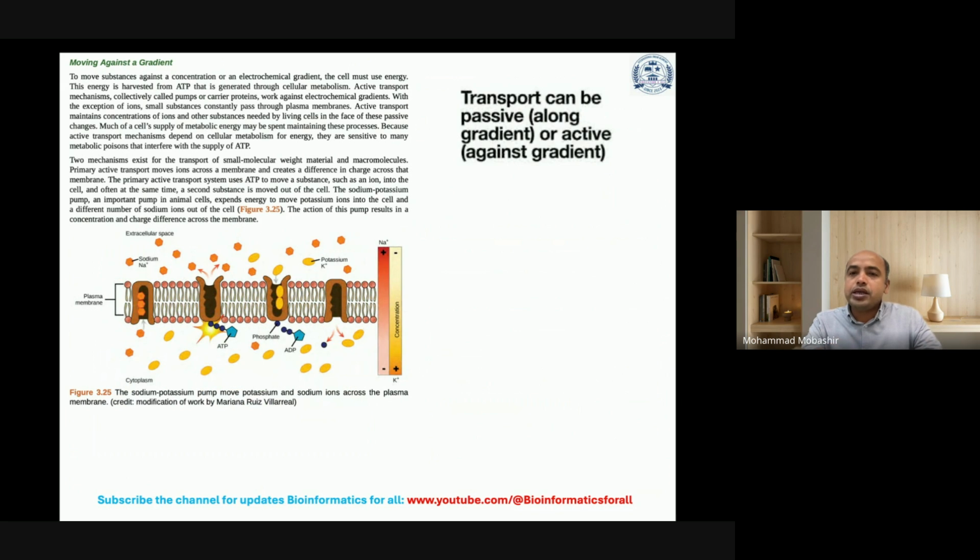So basically, where we are supposed to move in the next step is called metabolic activity or metabolism. So now we can see and memorize: transport can be passive, without energy and along the gradient, or active transport, with energy and against the concentration gradient.